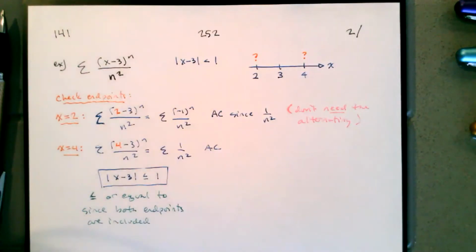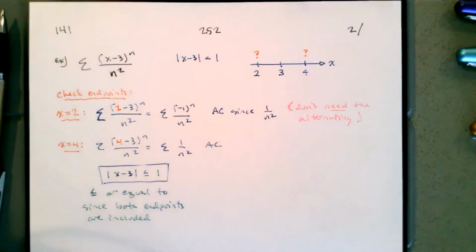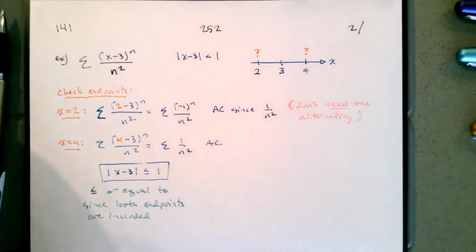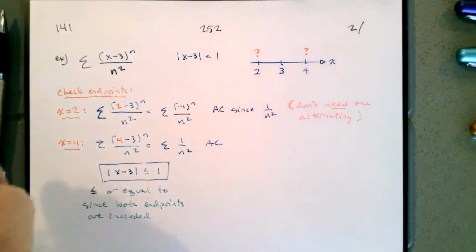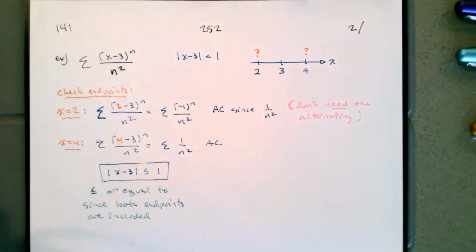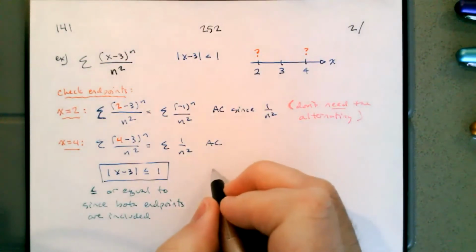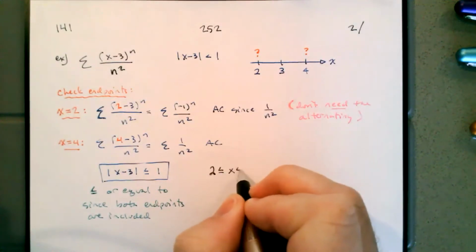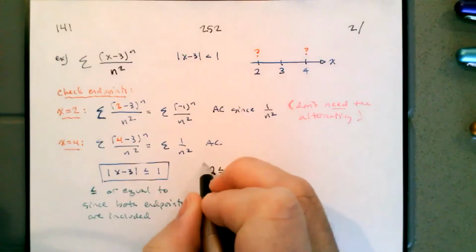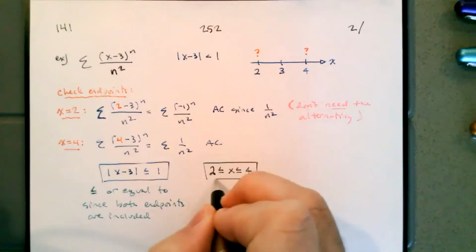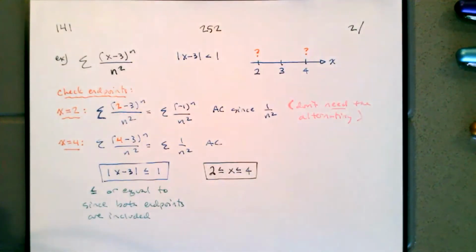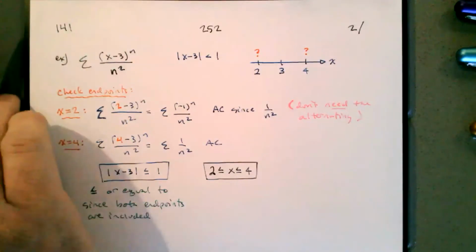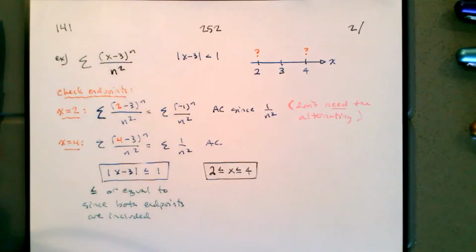So we have the or equal to part since both endpoints are included. We could also write this as x is between 2 and 4, including 2 and 4. So we can describe it as a compound inequality or an absolute value inequality since both endpoints are included.